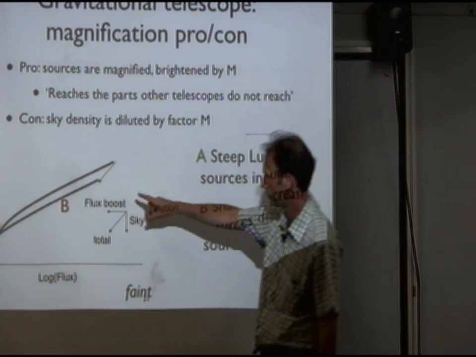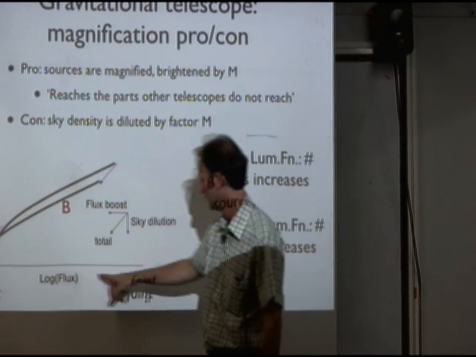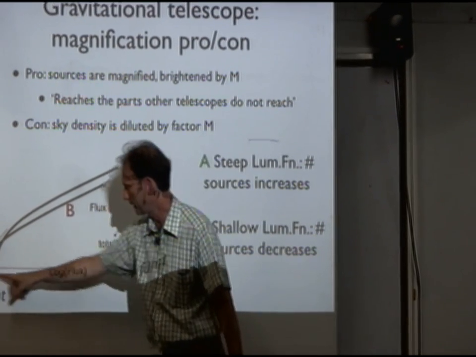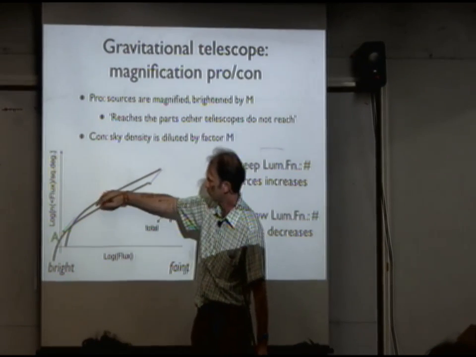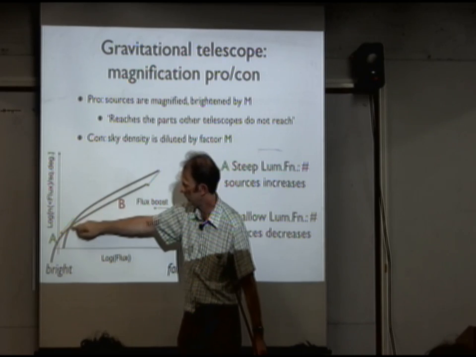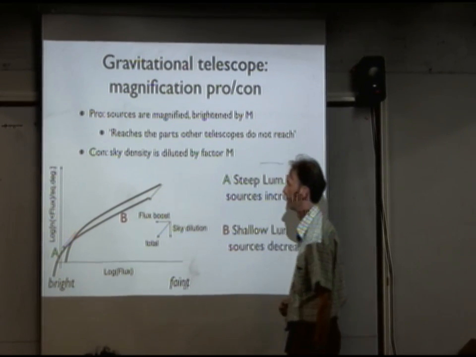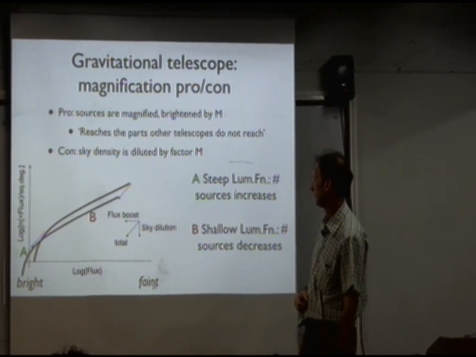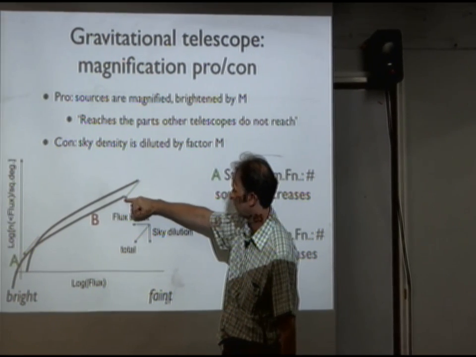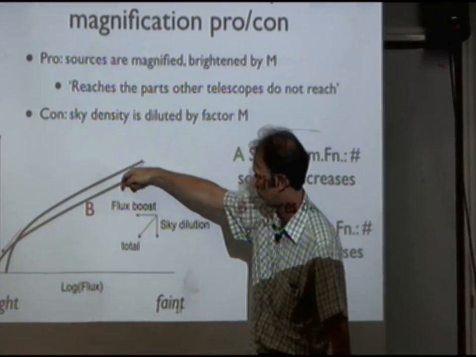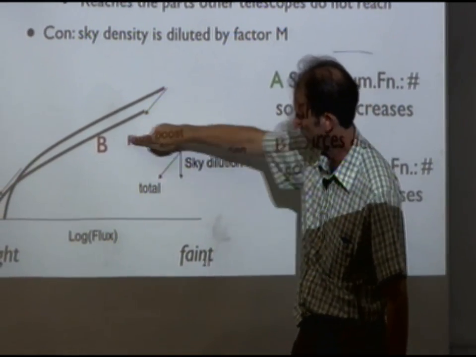So if you have here the luminosity function, it goes in good astronomy fashion from bright on the left to faint on the right. And this is the number of sources above a certain brightness. Then what you find is two competing effects. On the one hand, the magnification makes all the sources brighter, so it pushes it in this direction, towards bright.